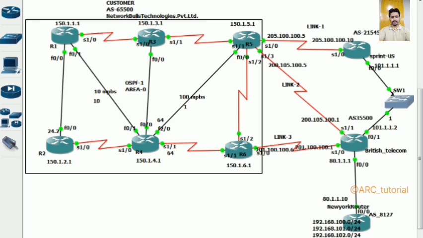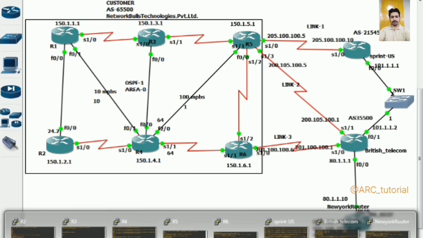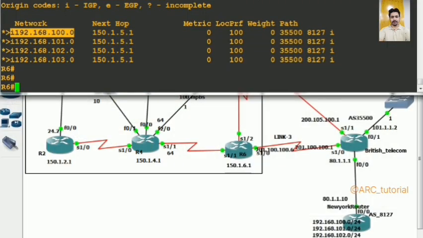Understood or not? Because in BGP you can form neighborship between two indirectly connected devices. That's what is happening here actually, R1 and R6 have neighborship. However, they are not directly connected, but IGP is running over there. See, the next hop must be reachable. So from R6, of course, R6 can easily reach the loopback of R5. However, by looking at this BGP table, it looks like it is getting these prefixes coming from R5 only, right?